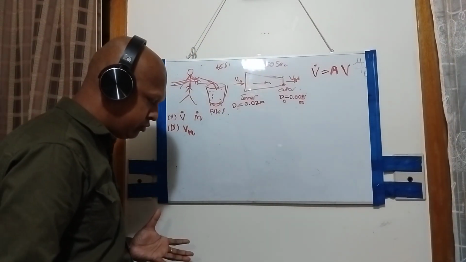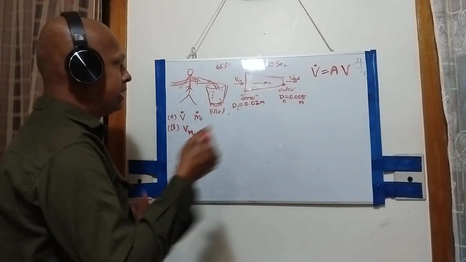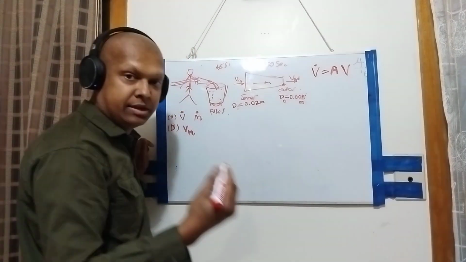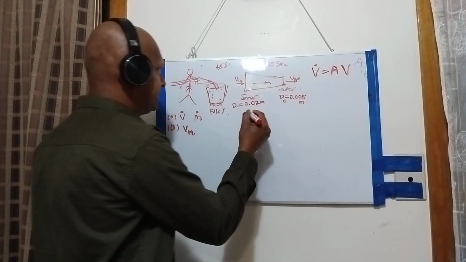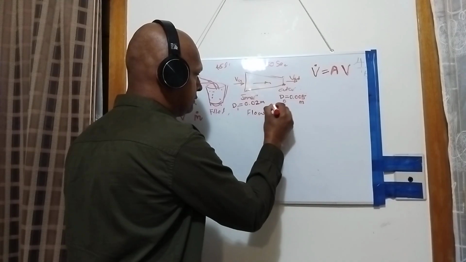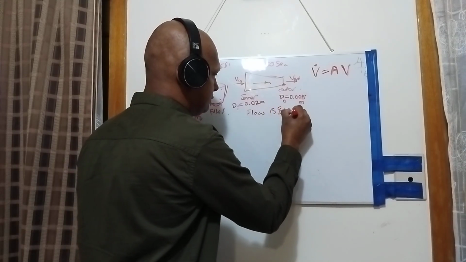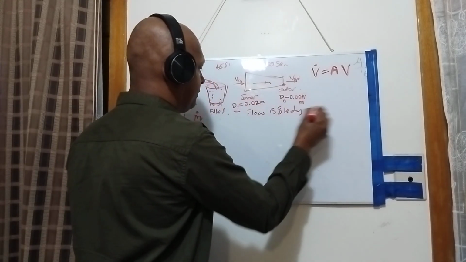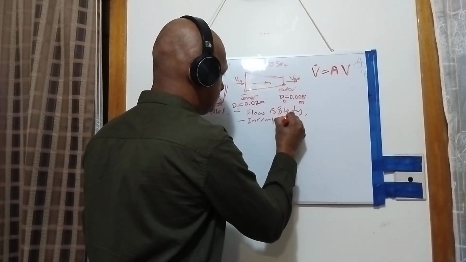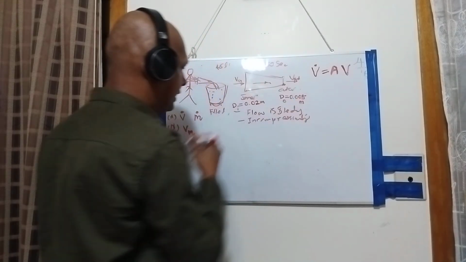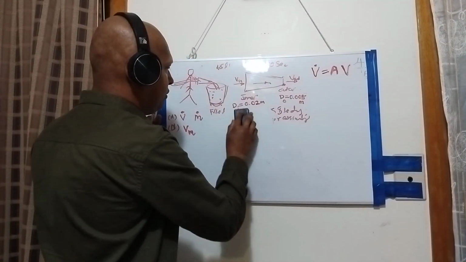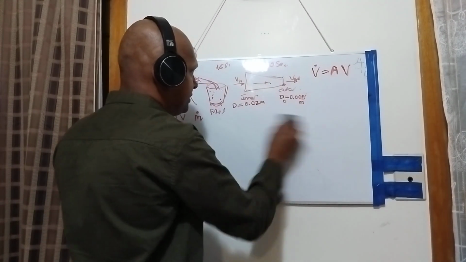Also in this problem we need to make an assumption. The assumption is the flow is steady and also the flow is incompressible. Alright?